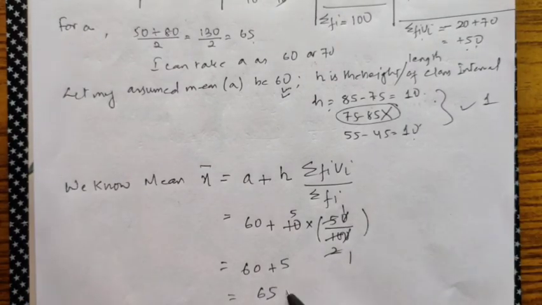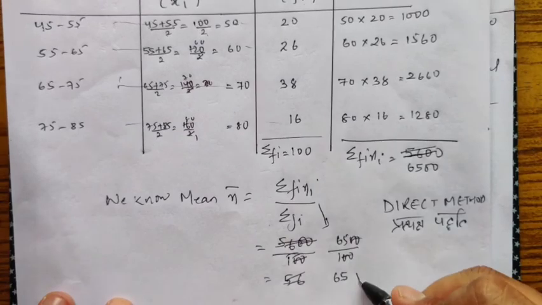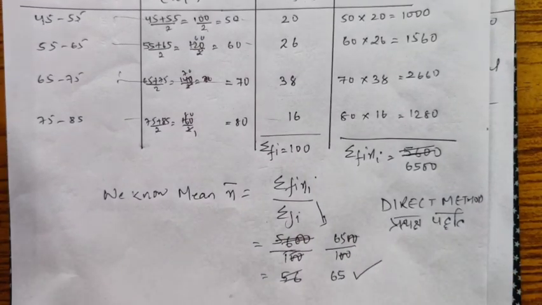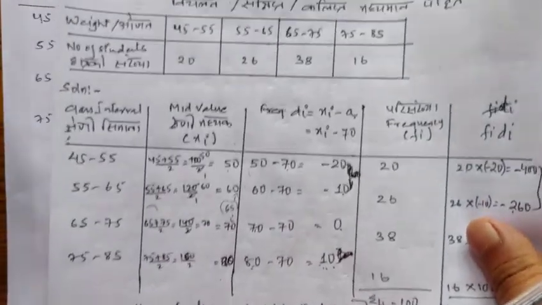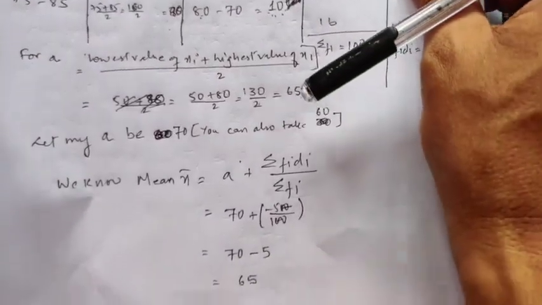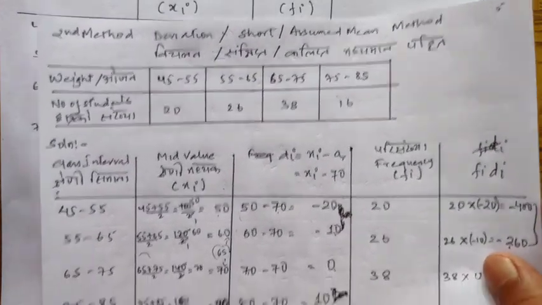This is our step deviation method. I got 65. This one was our direct method. We got 65. This one was our second method, or deviation method, or short method, or assumed mean method.